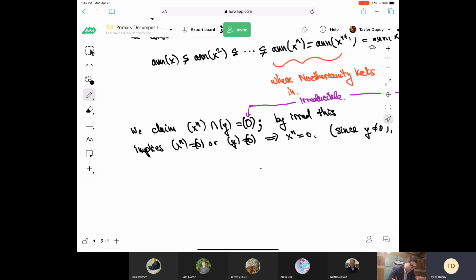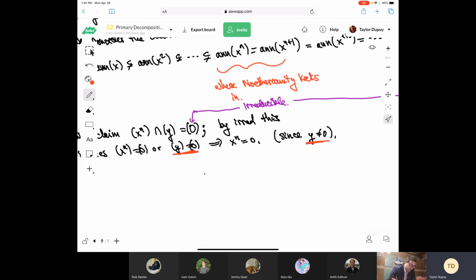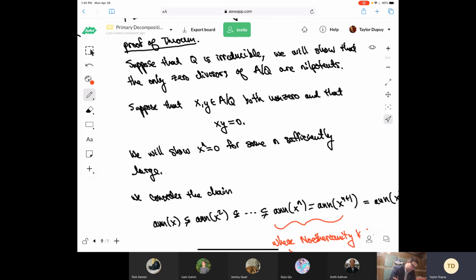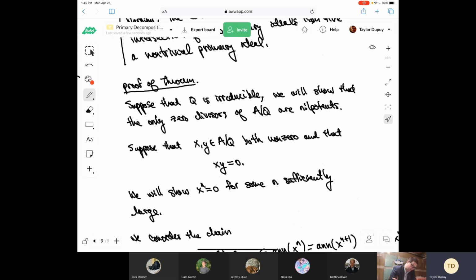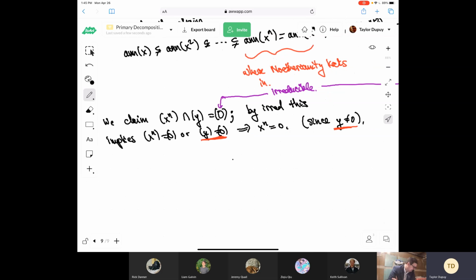In the second case, we suppose that y was not equal to 0, way up here. That tells us that x to the n is equal to 0, and that's what we wanted: we wanted x to the n to be nilpotent.